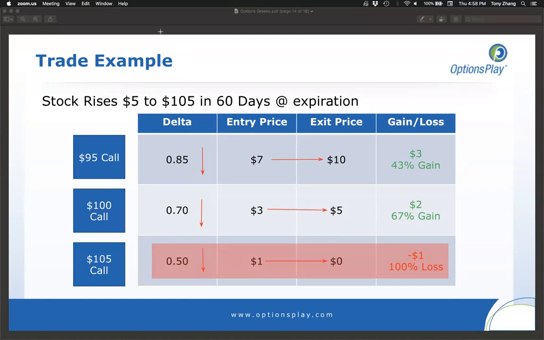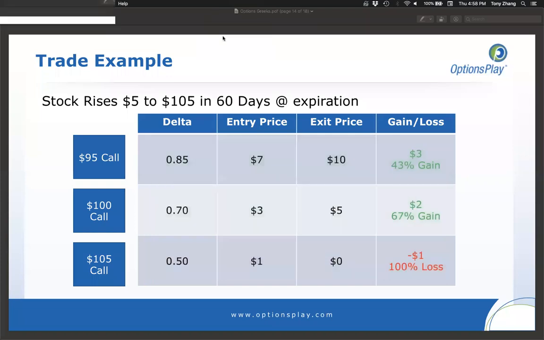Either one of these other two strategies are, in my opinion, a better place to be, because you're going to have a higher probability of making at least some profit. You won't hit it out of the park all the time, but you have a much higher probability of at least having some profit, especially when the stock goes in your favor.